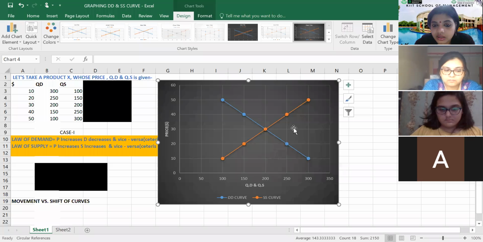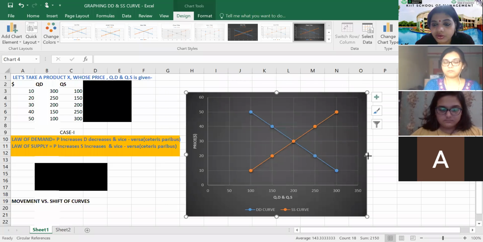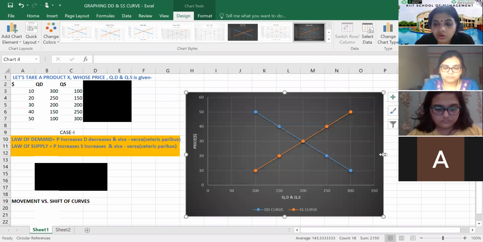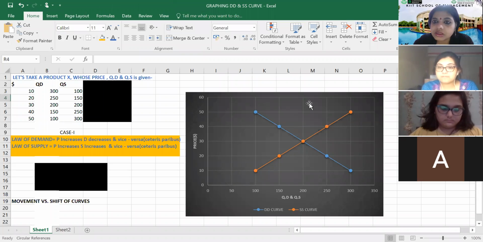So with this, can anyone tell me, in this graph which we have drawn right now, what is it that we have tried to interpret through this? Anything which you have tried to interpret through this?